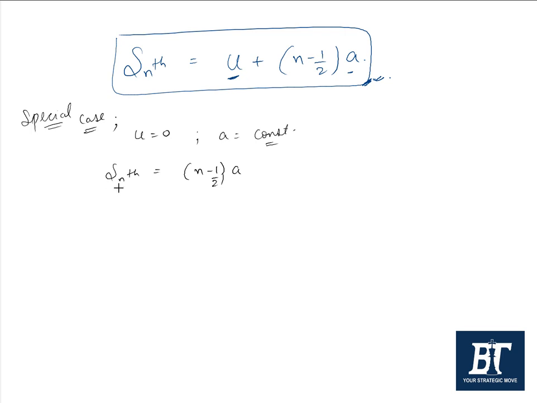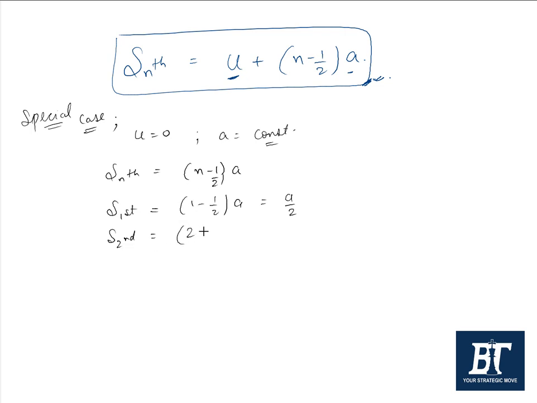If we substitute n is equal to 1, then we will get the value of displacement covered by that body in first second of its motion. So it will be equal to (1 minus 1 by 2) times a, and its value is equal to a by 2. And similarly we can also find the displacement covered by a body in second second of its motion.